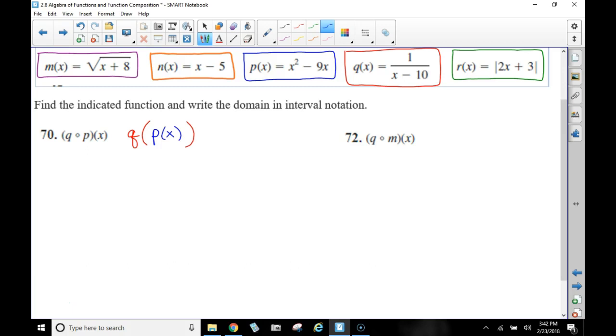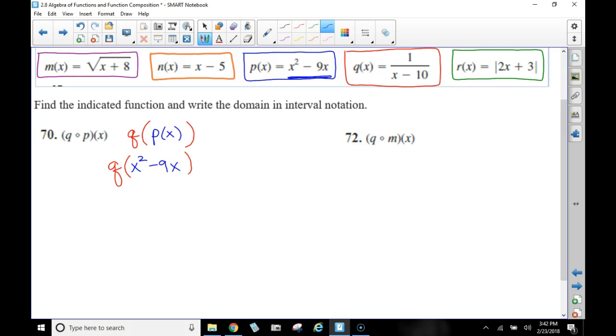Now, there's really nothing to do inside other than to replace P of x with what it is equal to. So we're going to do Q evaluated at P of x, which is x squared minus 9x.